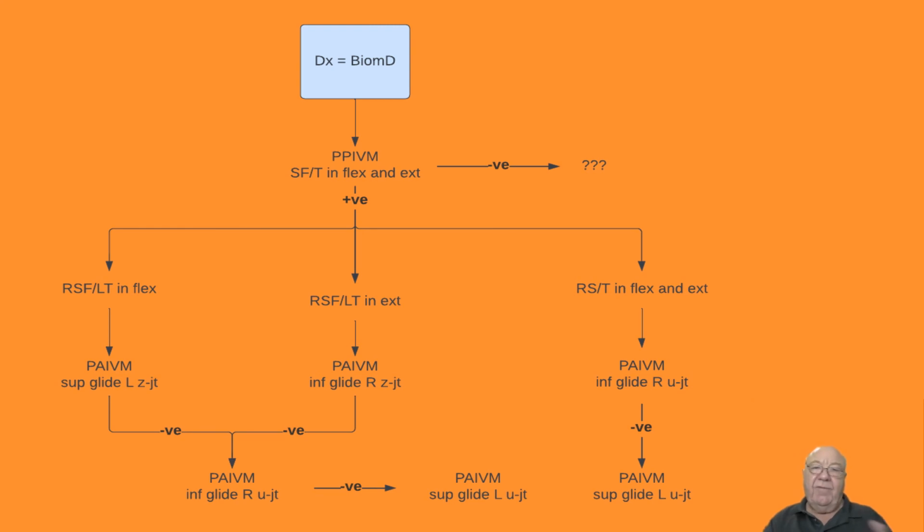And you can see, even if you make a mistake with the PAIVM, either picking up stuff that's not there or not picking up stuff that is there, you end up doing everything anyway if you have to. You've got that fallback where you'll come back and do the other joints and not take the PPIVM as gospel. Okay, because there are exceptions to this and you need to take those into account.